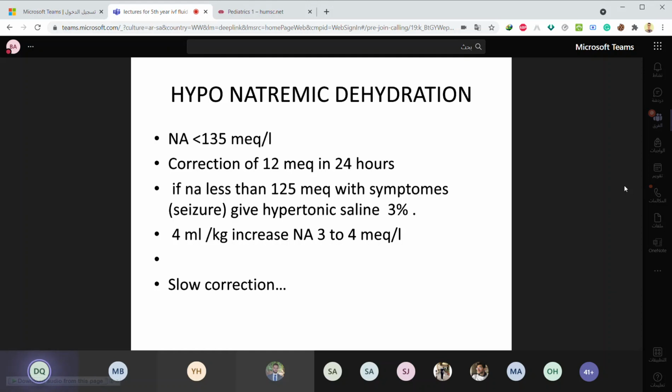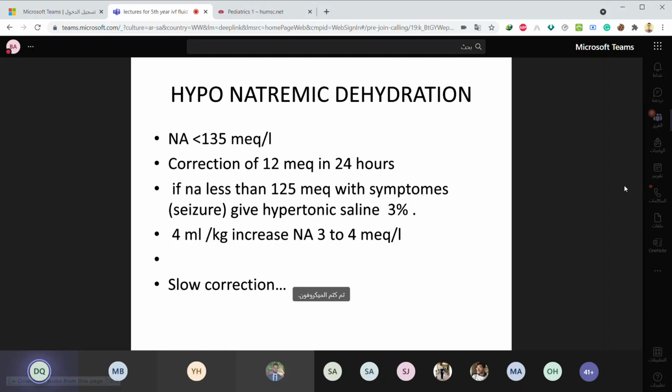In hyponatremic dehydration, defined as a sodium level below 135 milliequivalents per liter, we have to increase the sodium concentration by 12 milliequivalents over 24 hours.